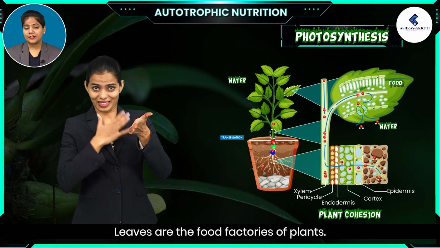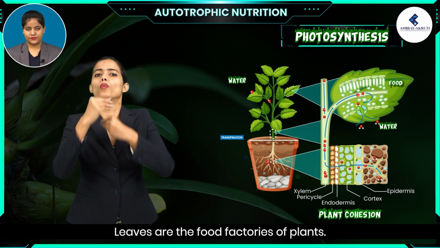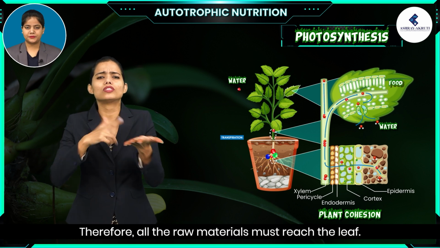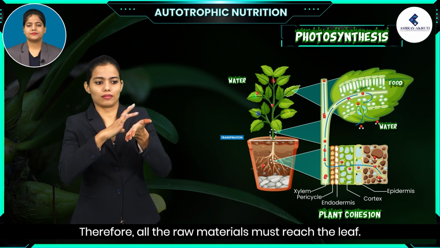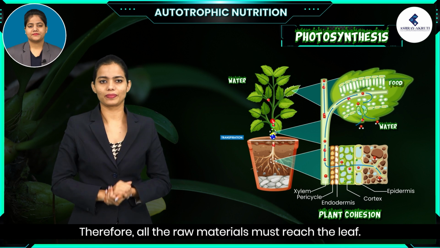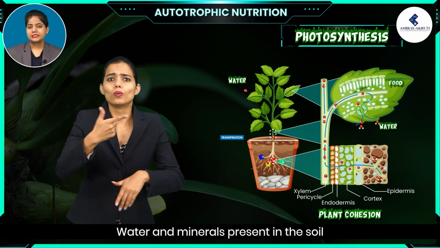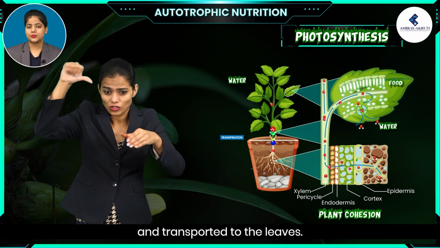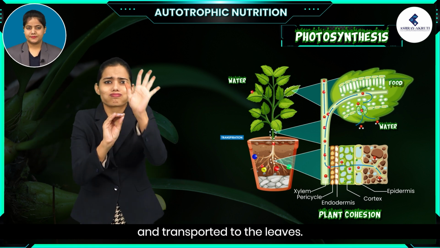Leaves are the food factories of plants. Therefore, all the raw materials must reach the leaf. Water and minerals present in the soil are absorbed by the roots and transported to the leaves.